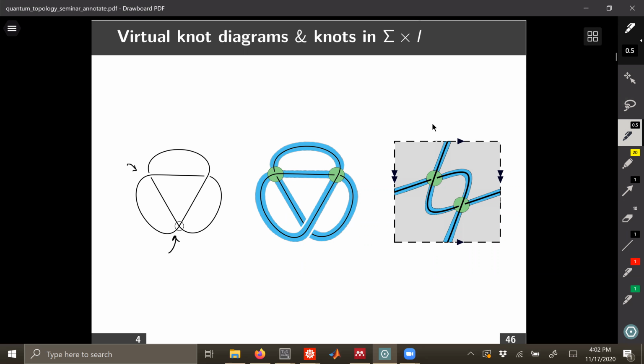At each crossing, you draw a little disc, which we think of as a 0 handle. Along each arc of the diagram, you put a little 1 handle. That gives you a compact surface, pictured in the middle here. That compact surface has some boundary components, which you then close by adding 2 handles to it. Then you get a nice knot diagram on a surface, which you can think of as a knot in the thickened surface.